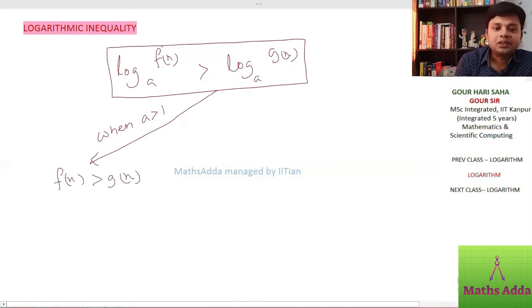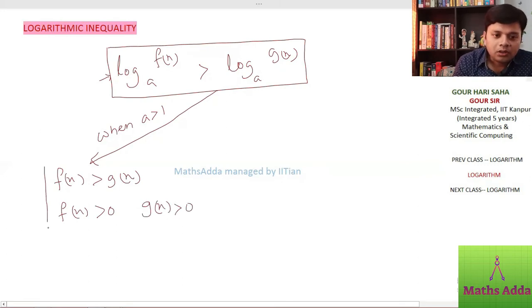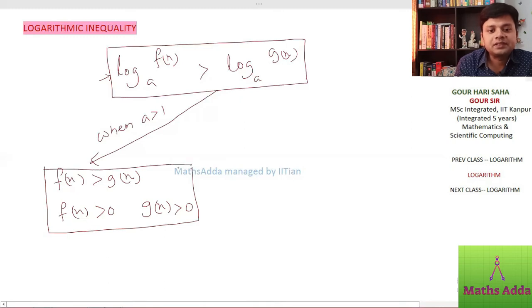One more thing: f(x) must be positive so that the log is defined. I told you, if you're solving an equation or inequality, those terms must be defined. So f(x) should be positive, and g(x) must also be positive. All together, f(x) is greater than g(x), and g(x) is greater than 0.